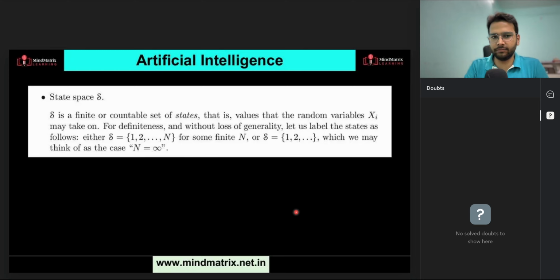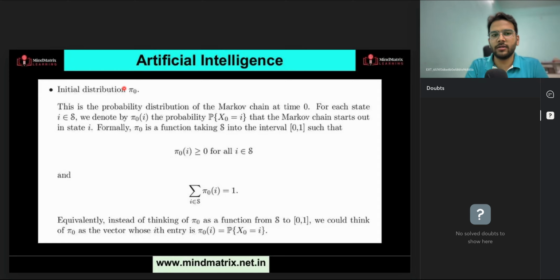Is it clear? The same thing is mentioned over here, state space. I'm not repeating again. From the various sources I have mentioned here, the initial distribution, that is pi 0, means the starting distribution that we have, and if you add all the values, that will be equal to 1.